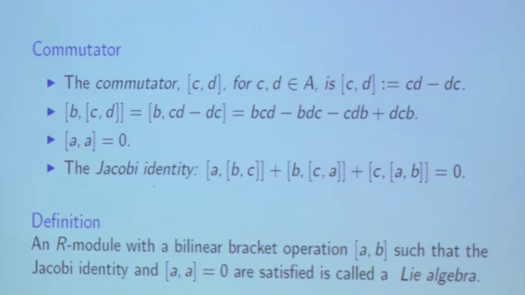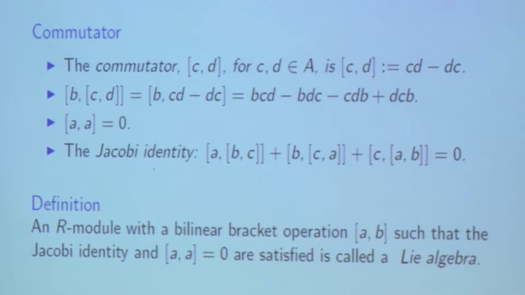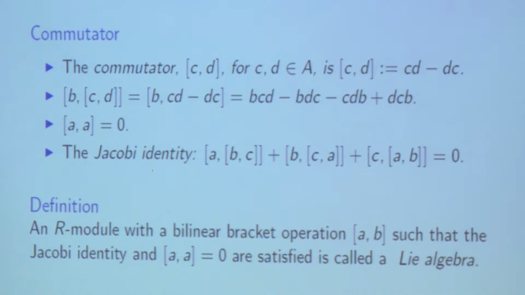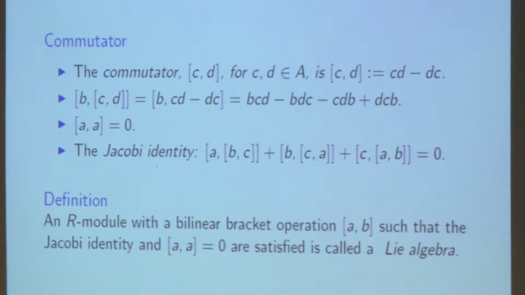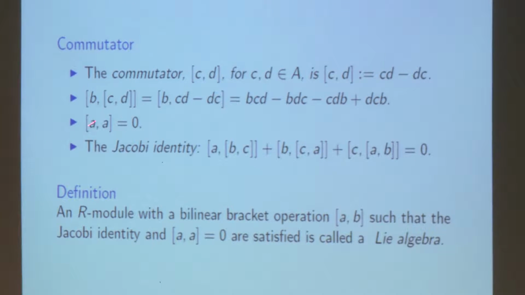We say that A is a Lie algebra if A is an R-module with a bilinear bracket operation (a,b) such that these conditions are satisfied.